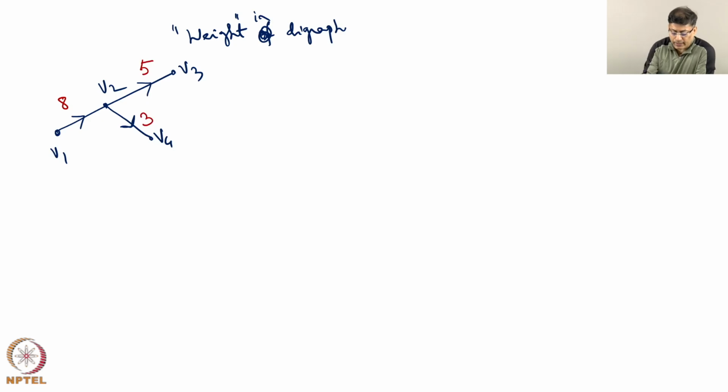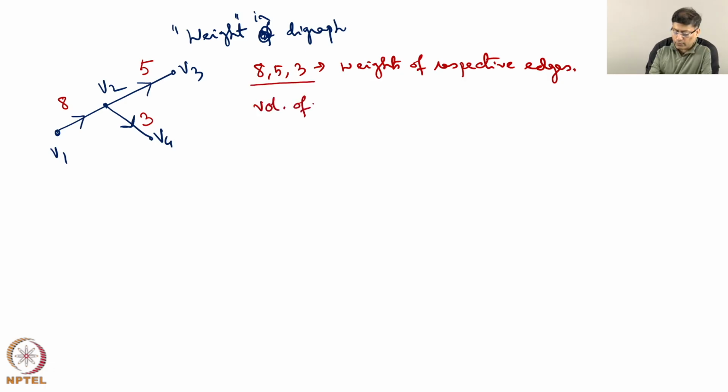Now, these numbers 8, 5, 3 are called the weights of respective edges.